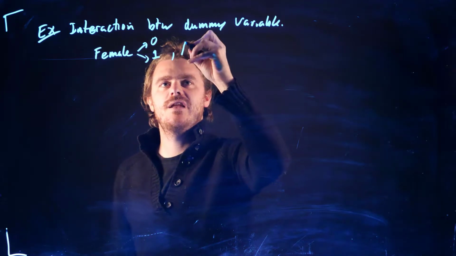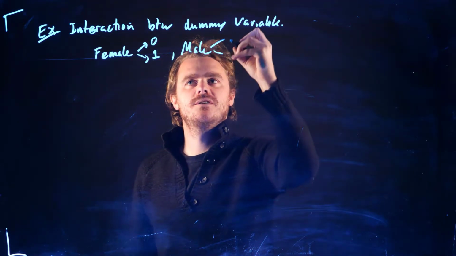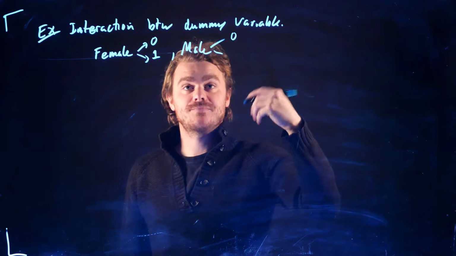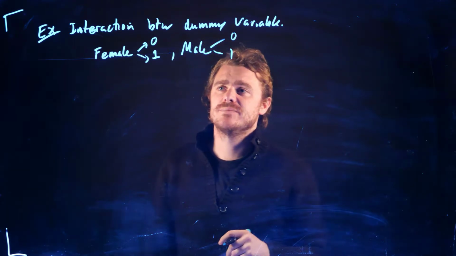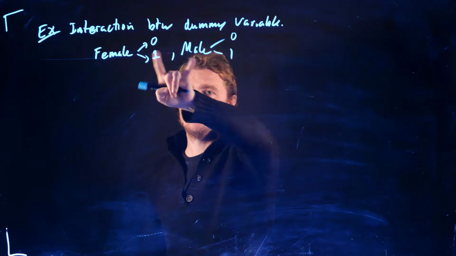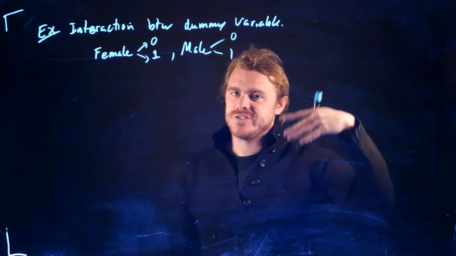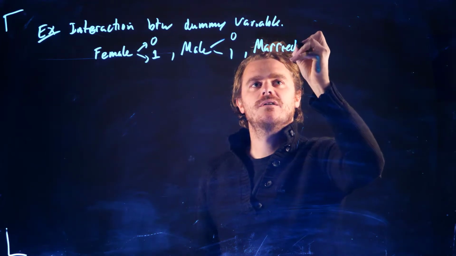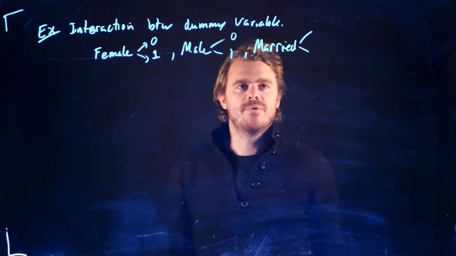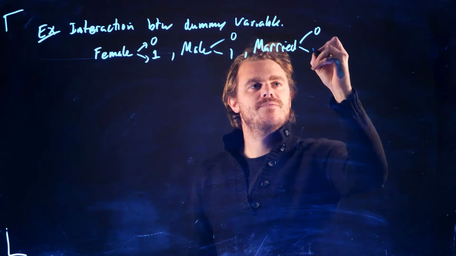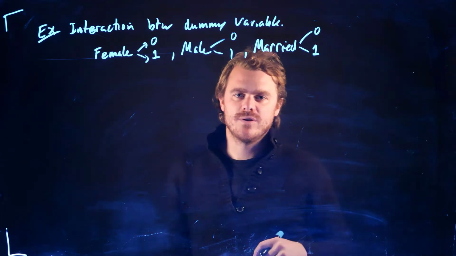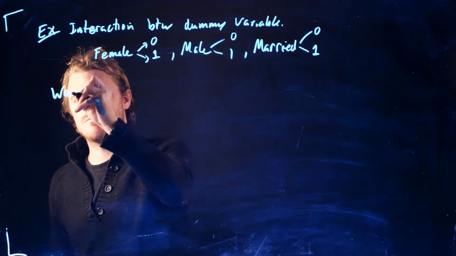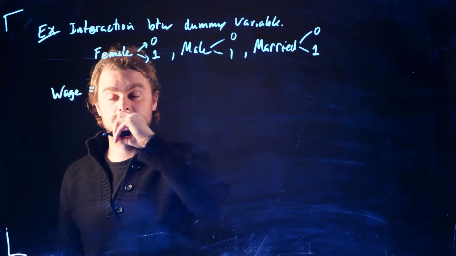Let's say we have another one, which is male, which is 0 if they don't identify as male, and 1 if they identify as male. Let's assume that you have to be one of these two categories. And let's say we have another dummy variable, which is married, which is 0 if you're not married, and 1 if you are married. And so we can think about running a regression.